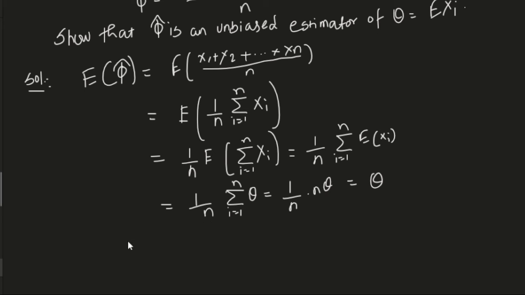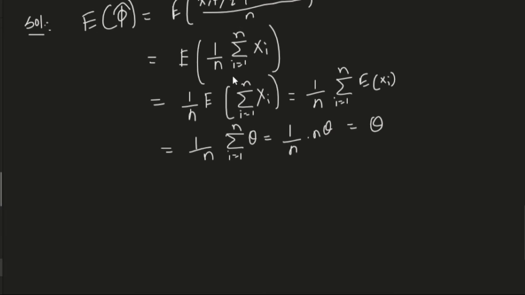Therefore we see that E of phi cap is basically equal to theta, which means phi cap is an unbiased estimator of theta, and that is why it is unbiased, and the problem is solved.